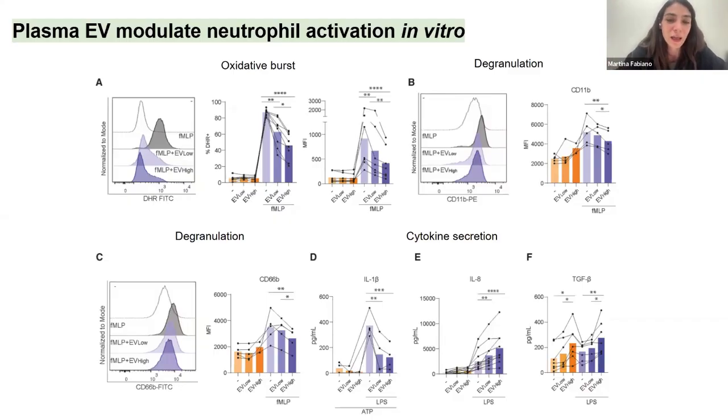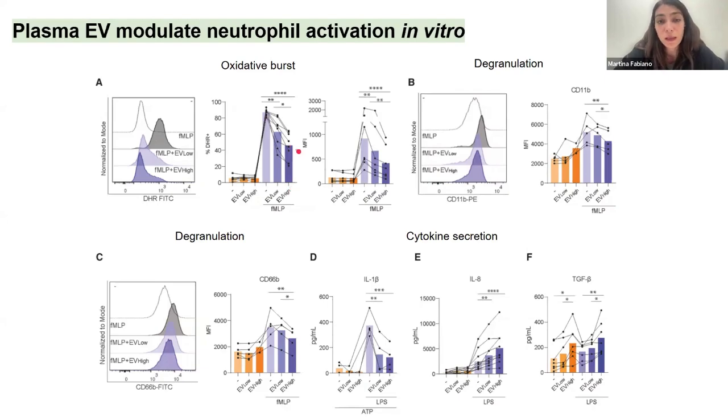And as you can see here, when neutrophils were exposed to plasma extracellular vesicles and FMLP, which is formylated peptides, peptides from bacteria that activate chemoattractant receptors, you can see there that reactive oxygen species were secreted by neutrophils, but in a lower amount.